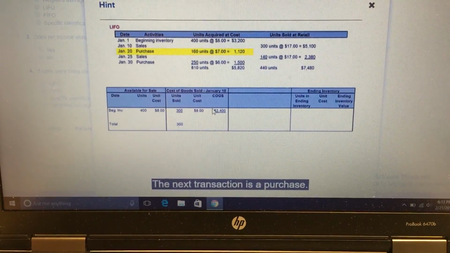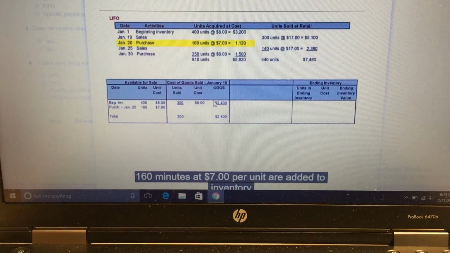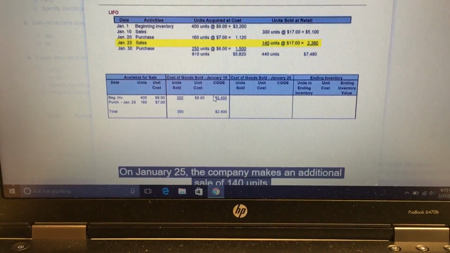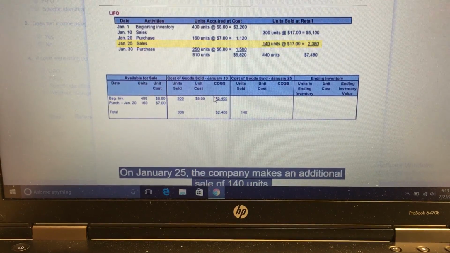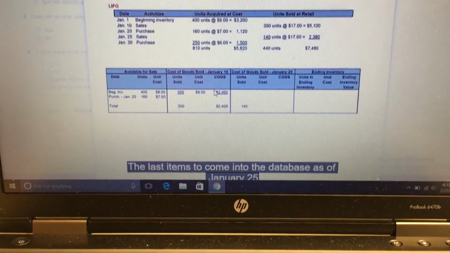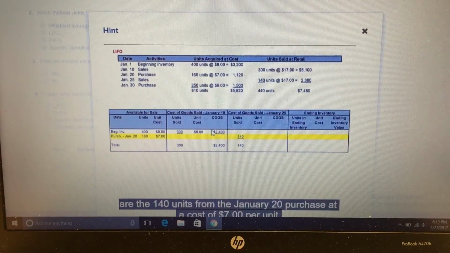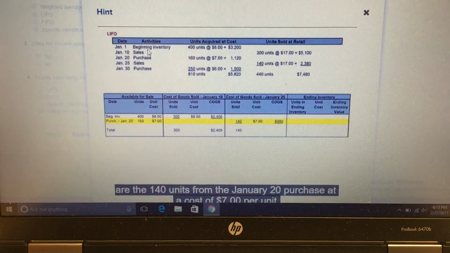The next transaction is a purchase. 160 units at $7 per unit are added to inventory. On January 25th, the company makes an additional sale of 140 units. The last items to come into the database as of January 25th are the 140 units from the January 20th purchase at a cost of $7 per unit.